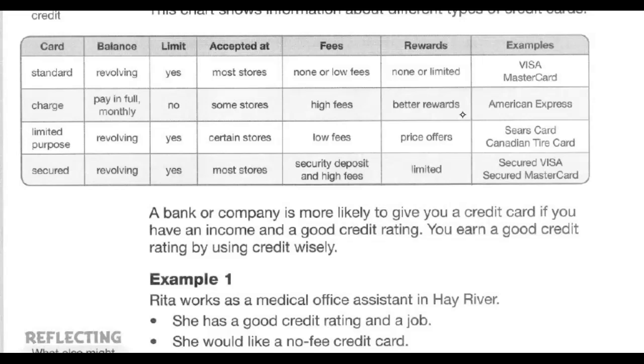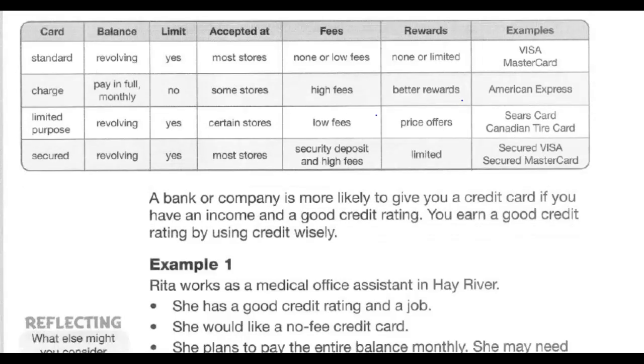A lot of bank credit cards have those incentives, and they usually have an annual fee. So you're kind of paying for those incentives with the fee. If you get just a basic Visa, no fee, then you're not getting the rewards, but you're also not paying a yearly amount.